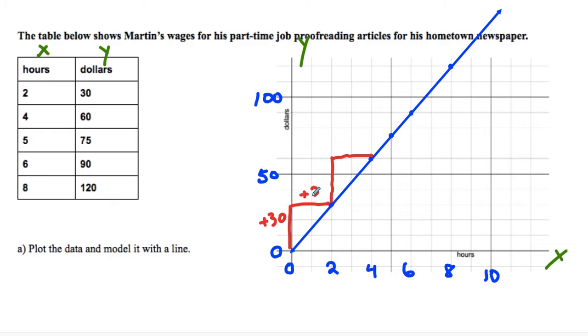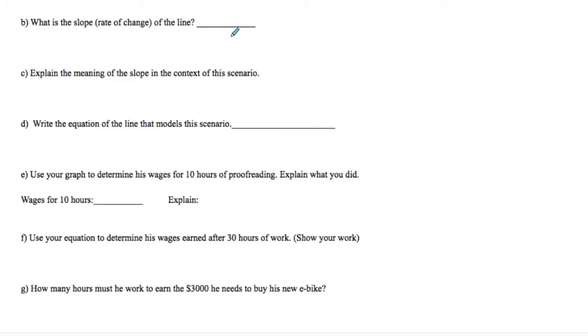So I'm increasing 30, up 30 over 2, rise 30, run of 2. So my slope or rate of change is 30 over 2. I do want to simplify that down, so 15 over 1, or just 15.